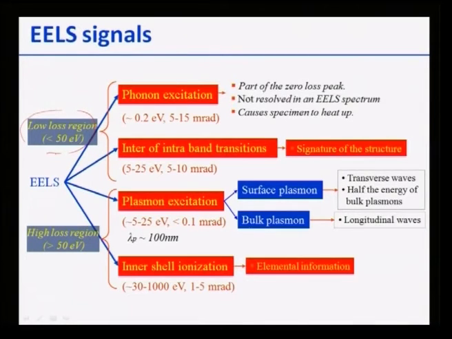The second important thing which happens in the low loss region is interband or intraband transitions between the electrons. As we know, the electrons move in orbitals in the atoms. So, when an electron coming from a high energy source like an electron microscope applies all its energy to eject certain electrons from one shell, that place becomes vacant, and this can lead to inter or intraband transitions.